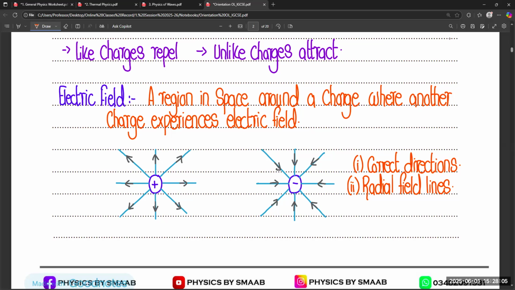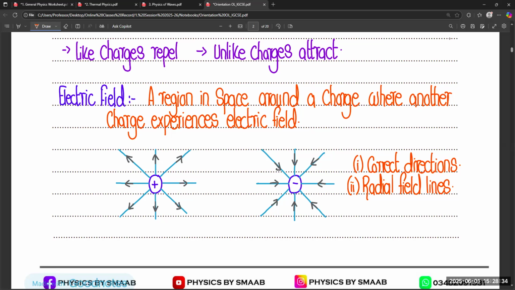There is no restriction, no specific point or specific direction in which the field lines move outward or inward. You can mark a line from any point on the sphere surface. So that means radial. That's why we mark field lines in all directions, meaning a field line can emit or flow from any direction.